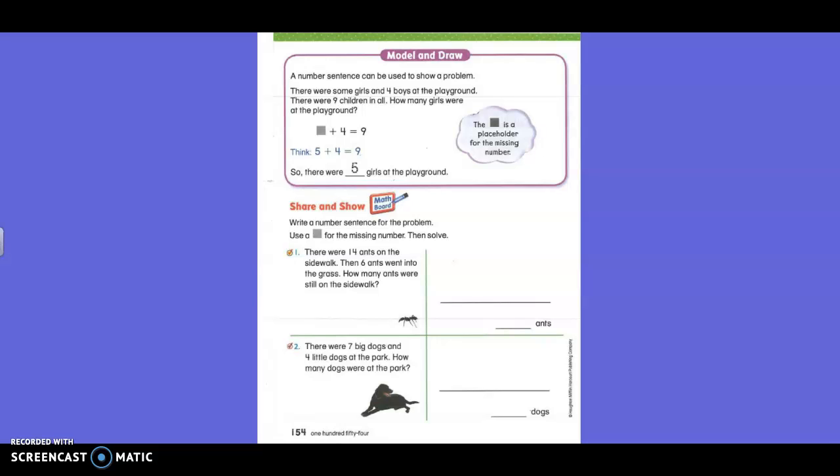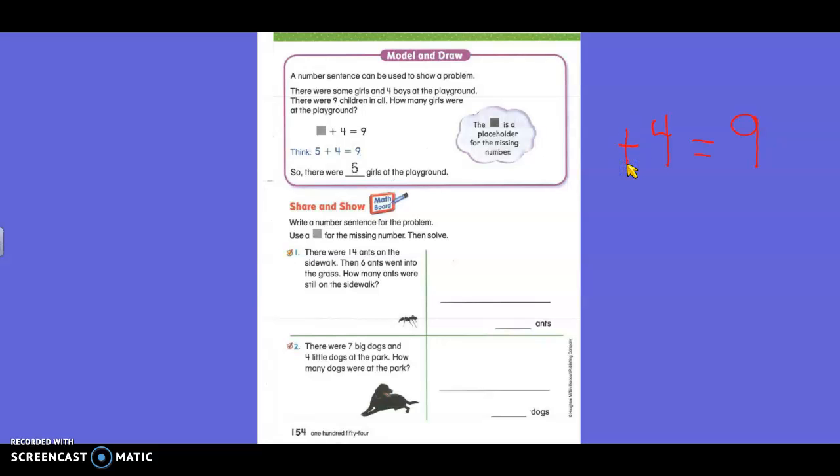How many girls were at the playground? Okay, now to me this is a subtraction problem, but they're doing it like Landon said. They're actually doing the addition part. You know that there are 9 kids all together. You know that there are 4 boys. We need to know how many girls there are.